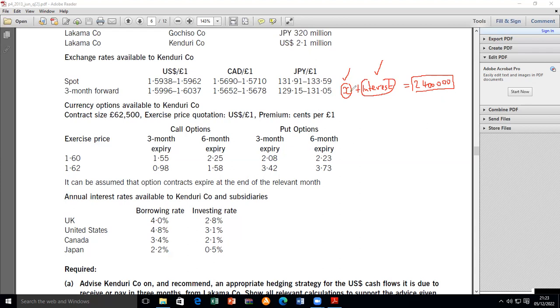Now, when you put dollars on an account, you come here, United States. When you invest dollars, how much are they giving? Have you seen how much they're giving? 3.1 per annum. That is very important. This is annual.